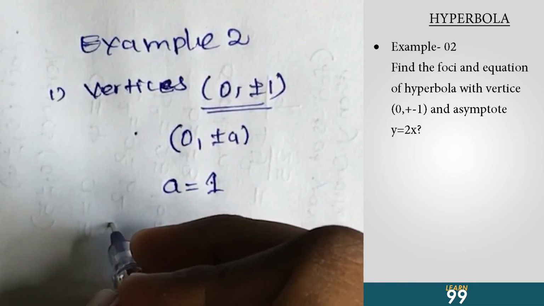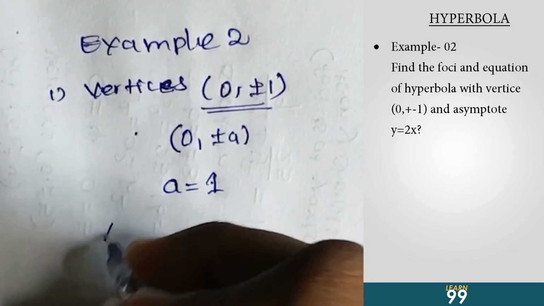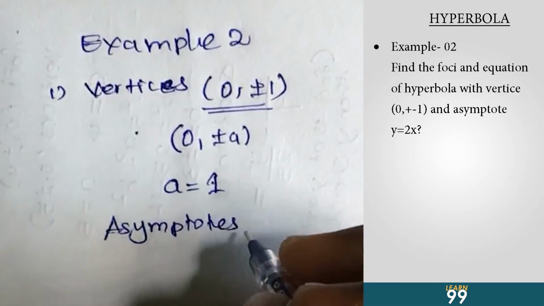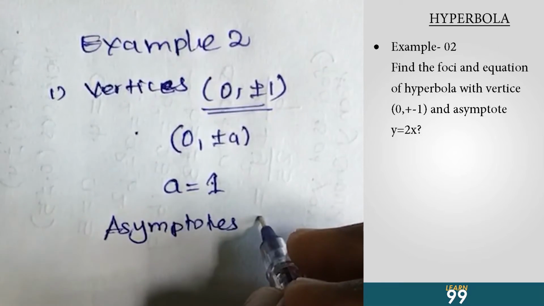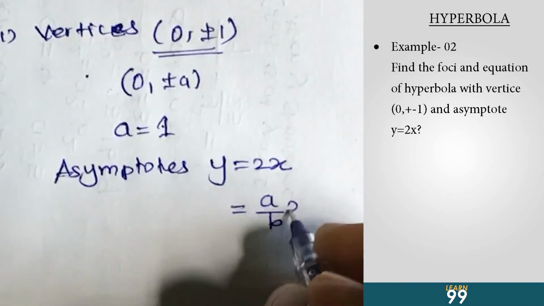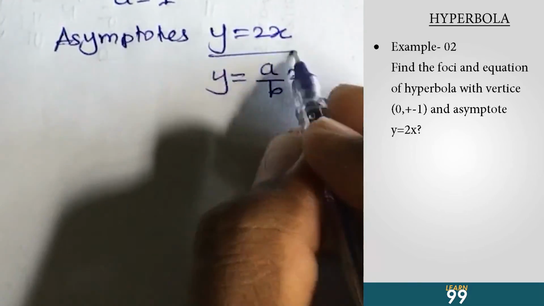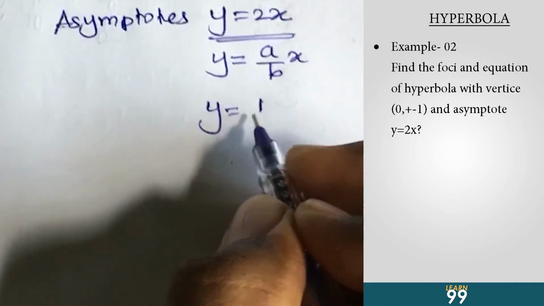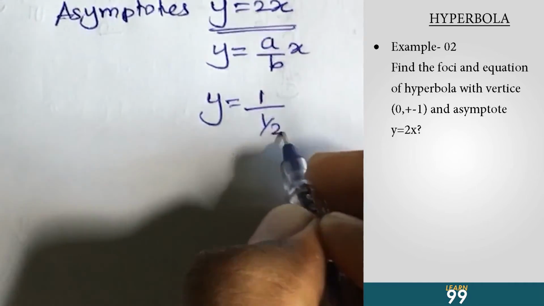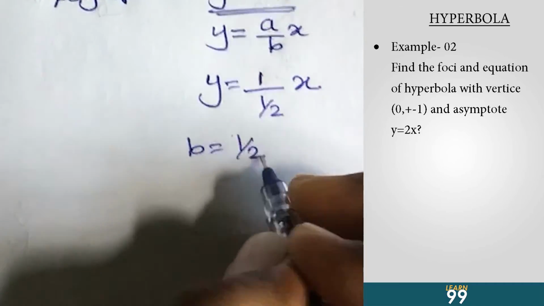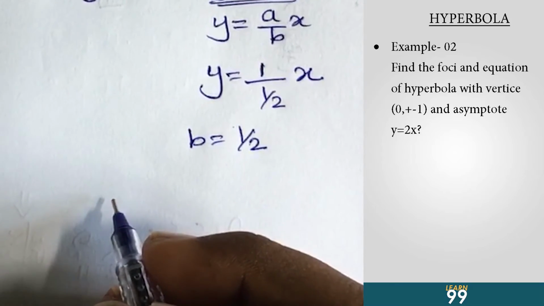Also we are given that the asymptotes are y equal 2x. By the previous proof, we can simplify this equation as y equal a over b into x. Already we know a equal 1, so our b should be half.